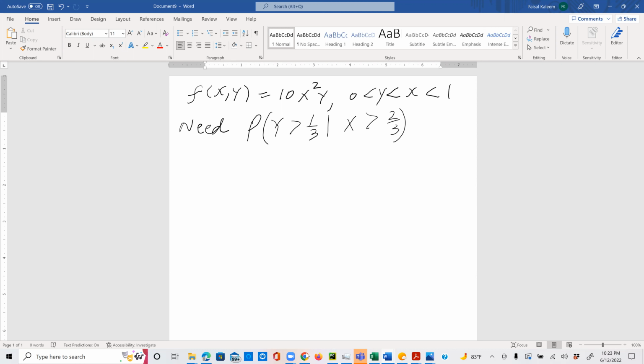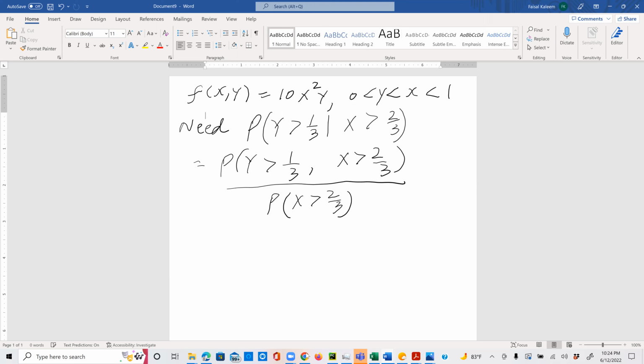And by our A given B formula, this would be probability of A and B. So that means y greater than 1/3 and x greater than 2/3, divided by probability of B, so probability x greater than 2/3.